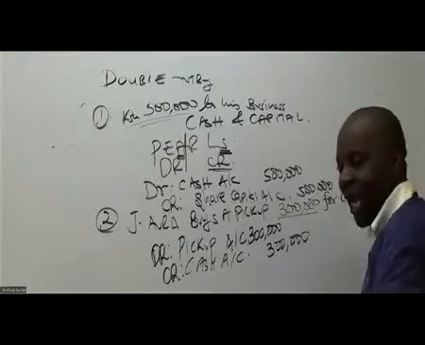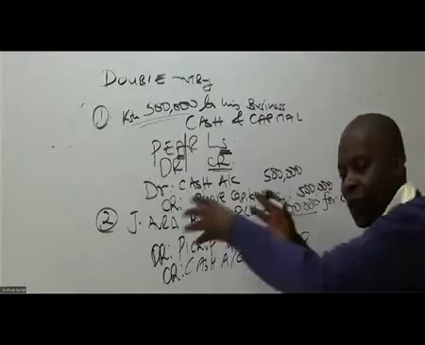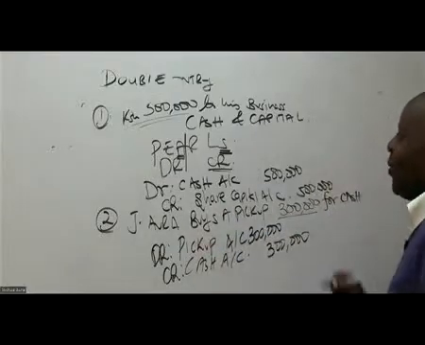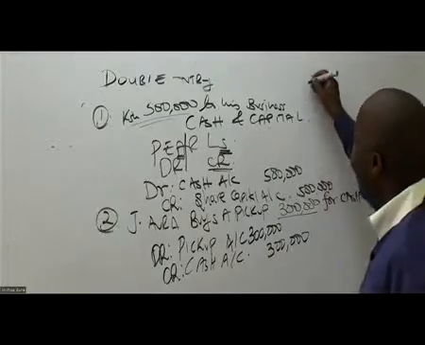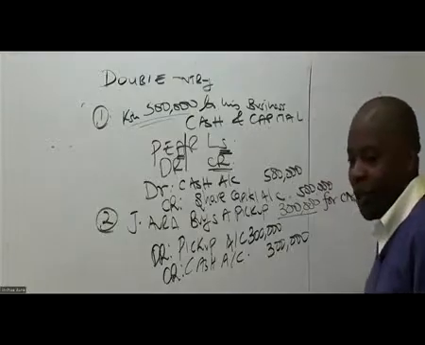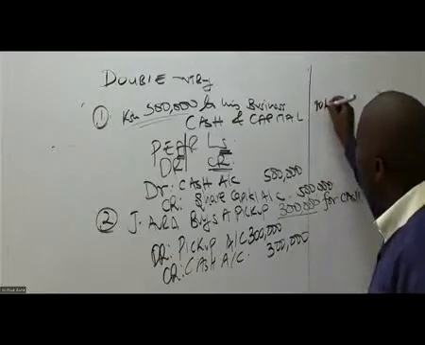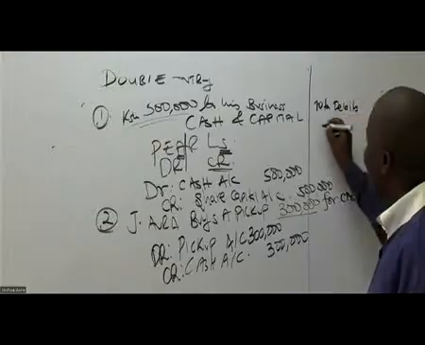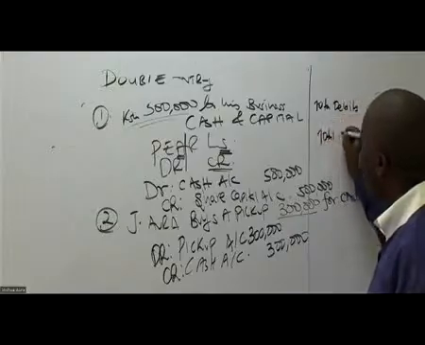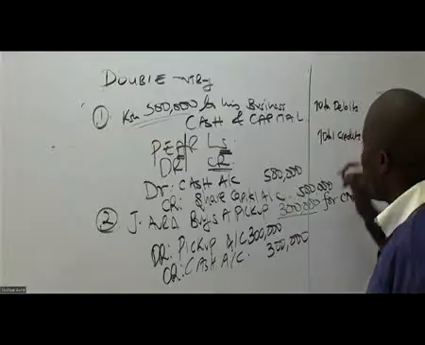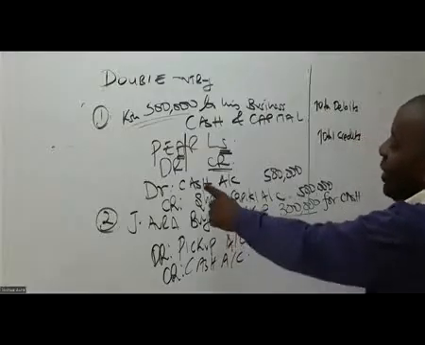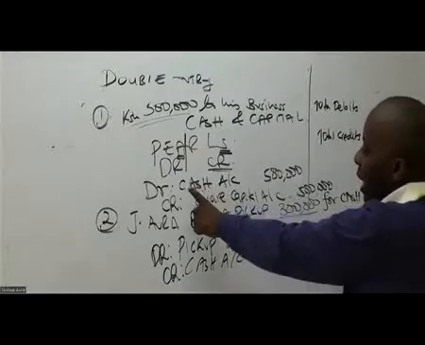Now, gentlemen, listen to me very carefully. Assuming you were to stop here, assuming that these are the only transactions we had in the whole year, then at the end of the year I'll extract what we call a trial balance. In the trial balance, I'll get the total debits vis-a-vis the total credits. Here, I've got two debits.